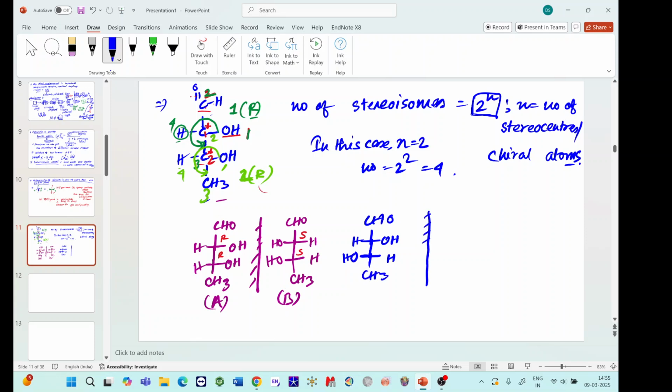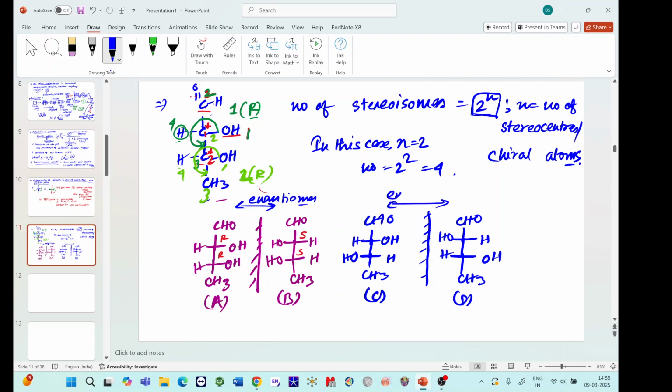Now take the mirror image of this one, CHO, OH, H, H, OH, and CH3, C and D. What you can see, these two are enantiomer. These two are also enantiomer. But what is the relation between these two? Or these two?